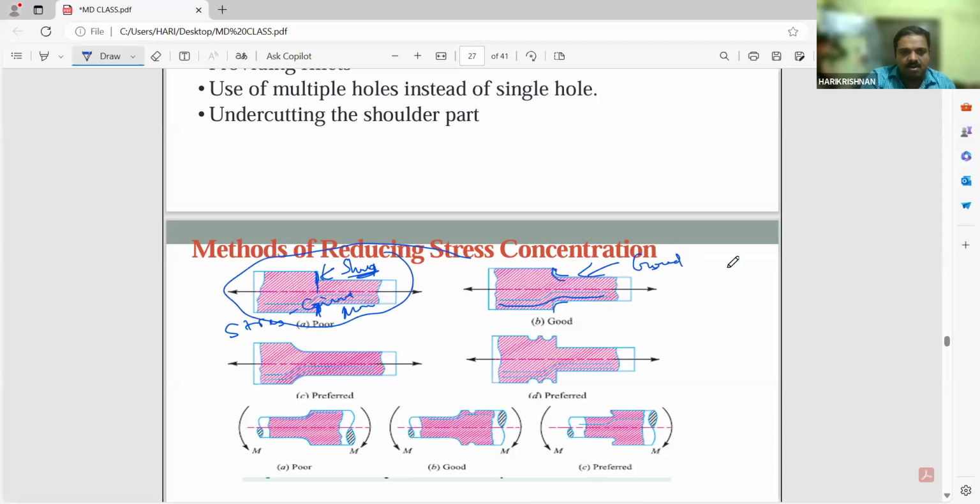Then you can provide a slope like this also. This is also preferred. And one more thing is you can provide small holes before this. This is also a preferred criteria. Okay. Is it clear? Any doubt? Concept is clear?